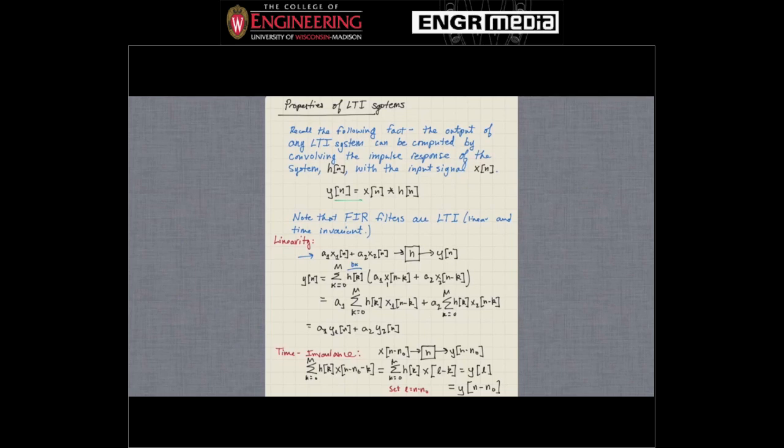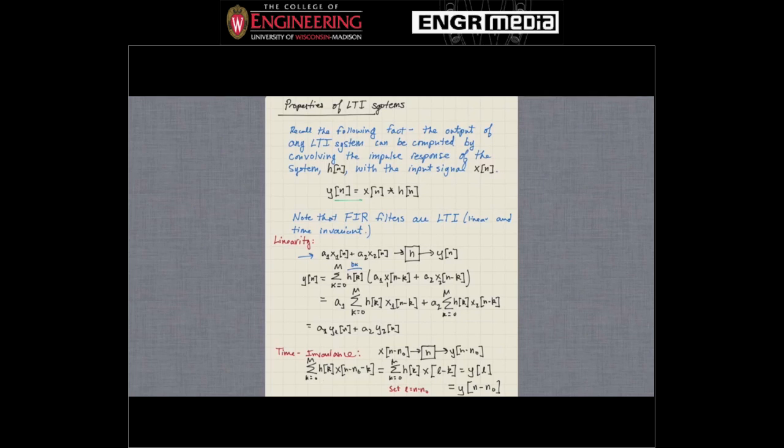Okay. Time invariance, it's the same. It's a little easier to show even. But all we're doing is taking the form, this is the equation for an FIR filter, the output of an FIR filter. We're delaying the input by some amount.